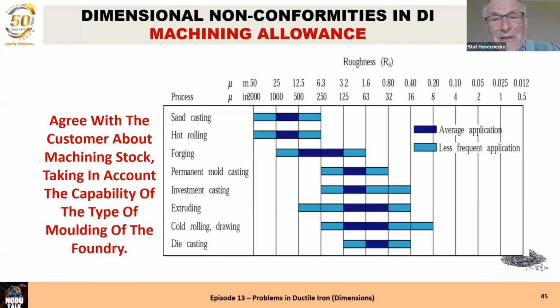For the machining allowance, I put here some roughness conditions that you have in a sand casting, hot rolling, forging, a permanent mold casting, and so on. And you can see that for a sand casting, pay attention that you meet the surface condition that the customer is asking, and this roughness can be measured by equipment.